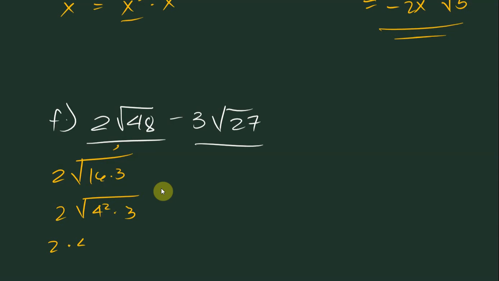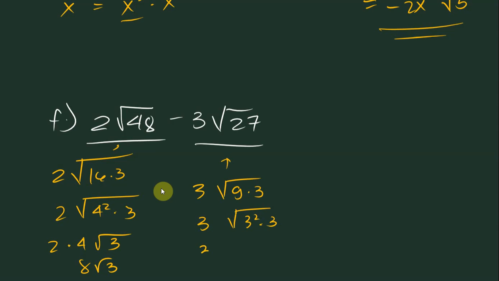So we have here 2 times 4 square root of 3. Then we have 8 square root of 3, right? And then we also have here 3 square root of 9 times 3. Then the square root of 3 squared times 3. So we have 3 times 3 square root of 3, we have 9 square root of 3.